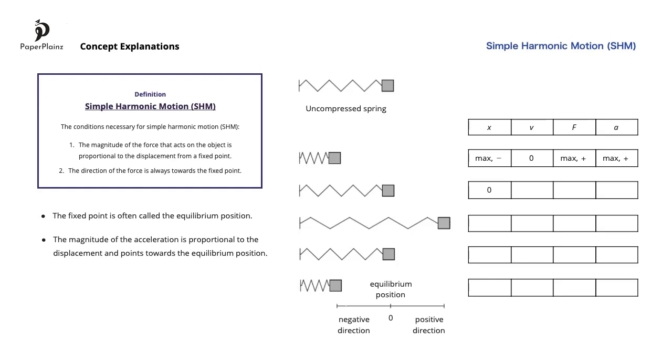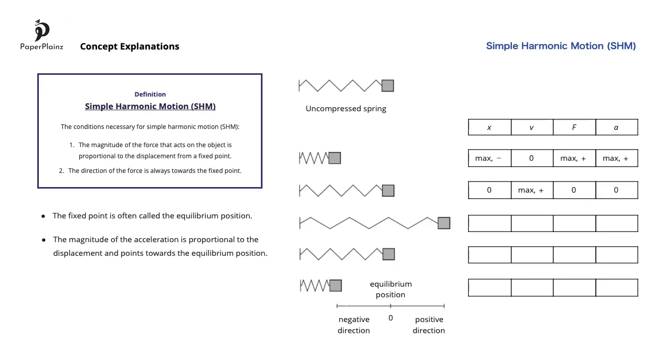This means that the magnitude of the velocity is at its maximum as the object passes through the equilibrium position. Since the object is moving to the right, so towards the positive direction, velocity is positive. It is relatively straightforward to figure out the force and the acceleration, because both are proportional to the displacement. Since displacement is 0, force and acceleration are also 0.